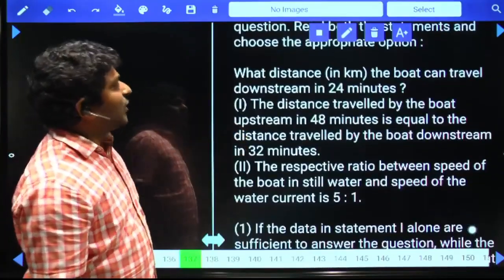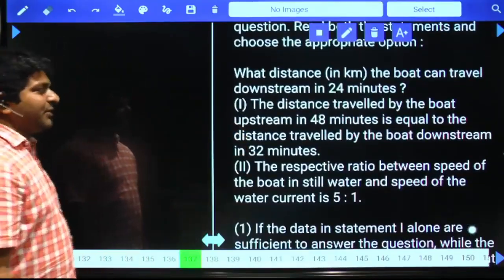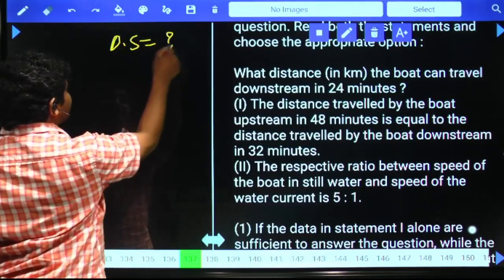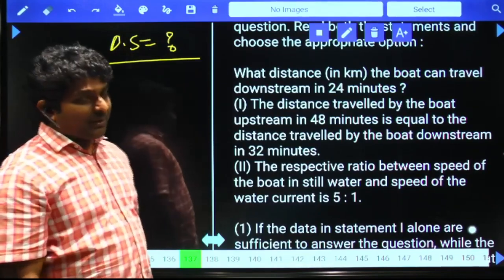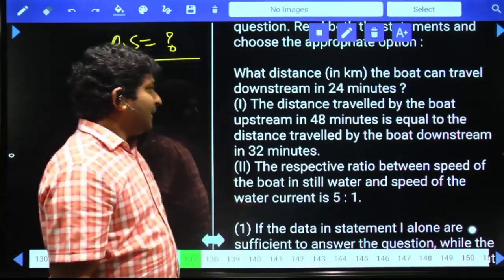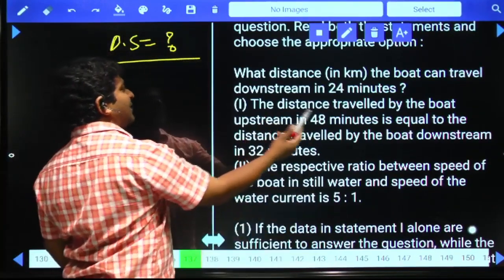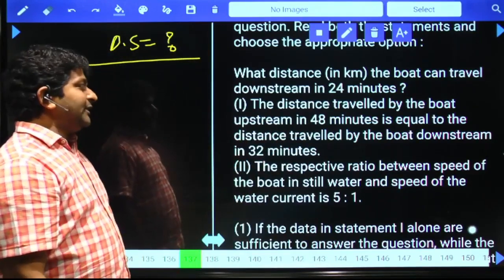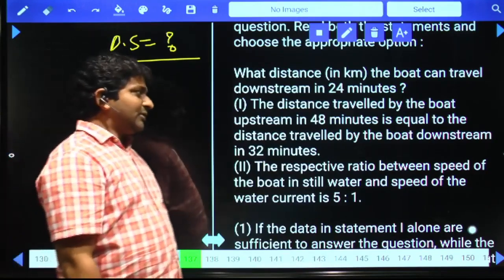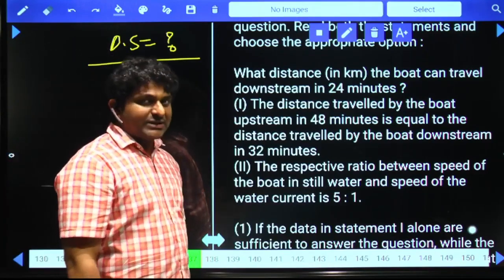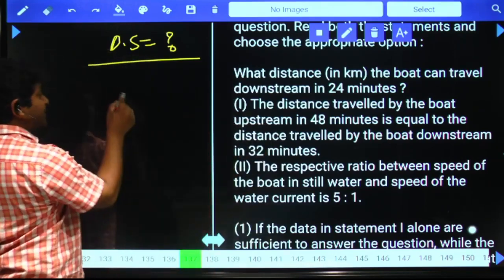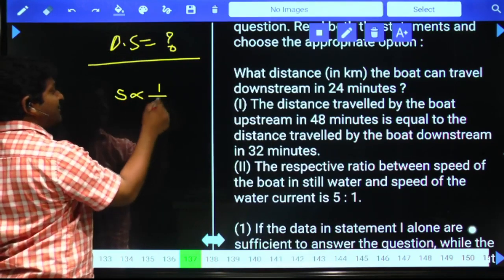What distance can the boat travel downstream in 24 minutes? For this question, you need to know the downstream speed, either in kilometer per hour or in meter per second. The distance traveled by the boat upstream in 48 minutes is equal to the distance traveled by the boat downstream in 32 minutes. Distance is the same, so speed is inversely proportional to time.